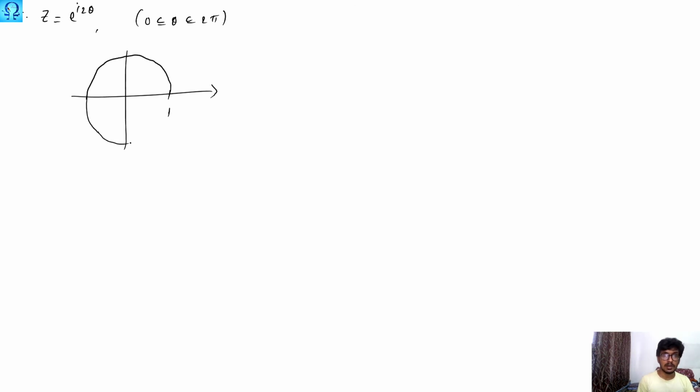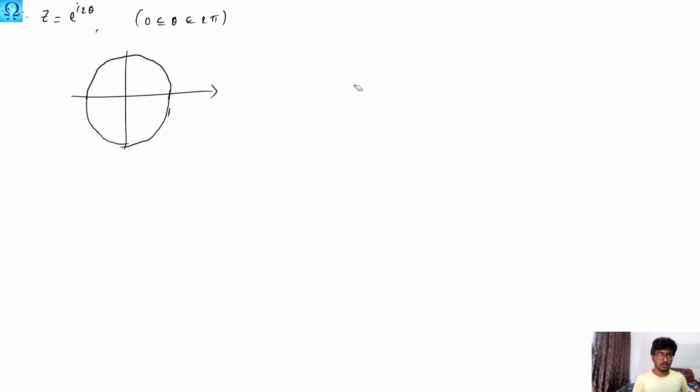When your theta value is pi, it completes a circle, and it again goes on the same path for the second time. So one circle is completed when theta lies between 0 and pi, and the second circle is completed when theta ranges from pi to 2 pi, since it is given like this.